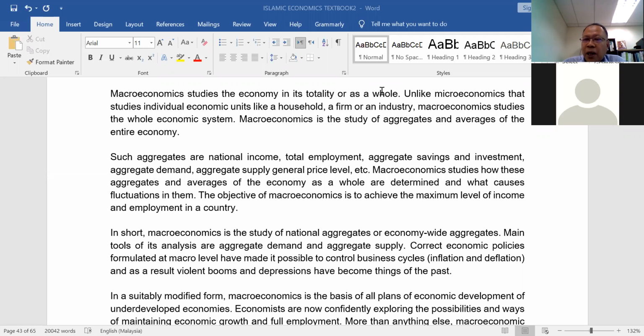Kita pun sakit, demam, ekonomi pun kadang-kala sakit, kadang-kala demam. So currently we have economic depressions, even in Malaysia.